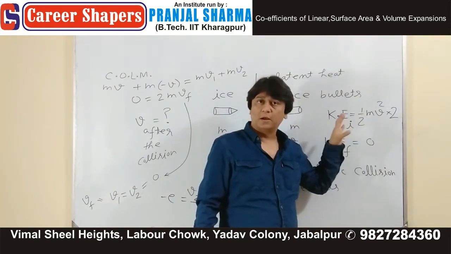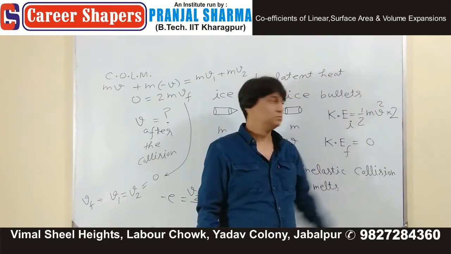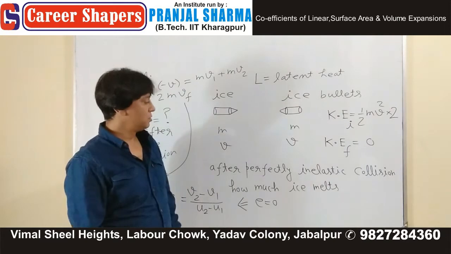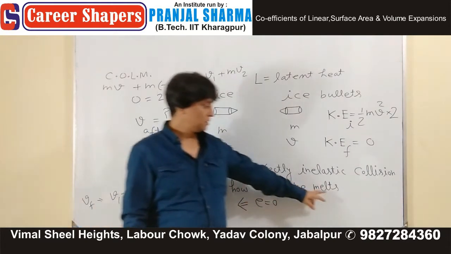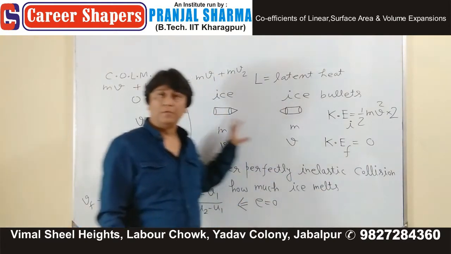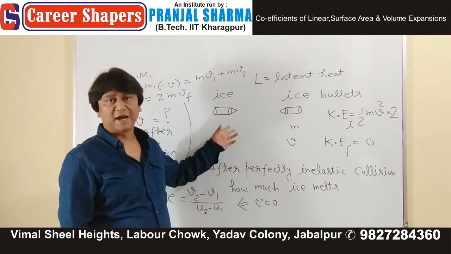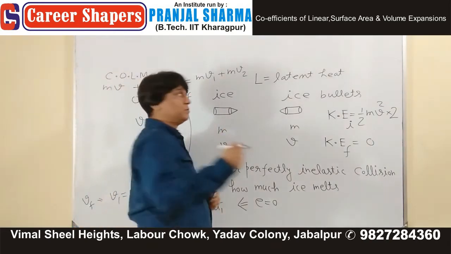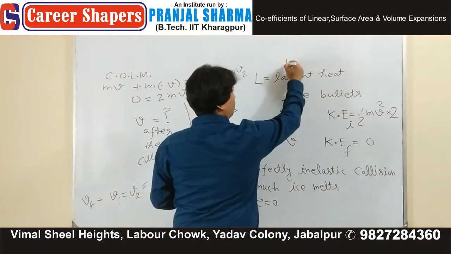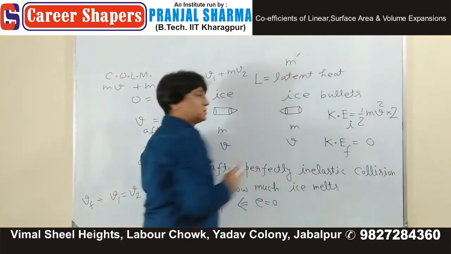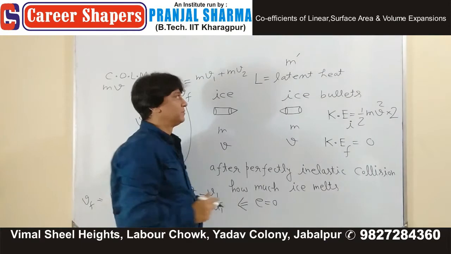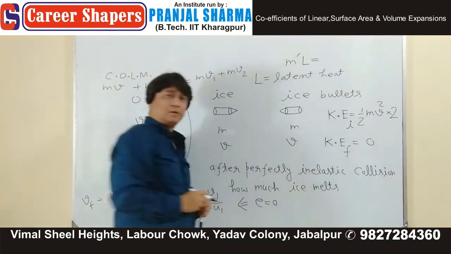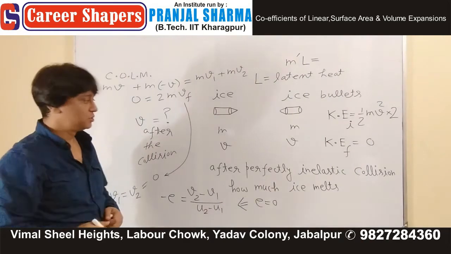Then where does this energy go? This energy is going to melt the ice present in the system. When ice melts, we say that if m dash mass of ice melts, latent heat is L, so m dash L. The question is looking for what?